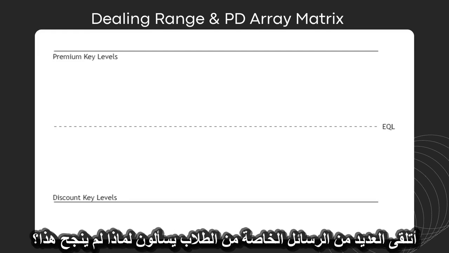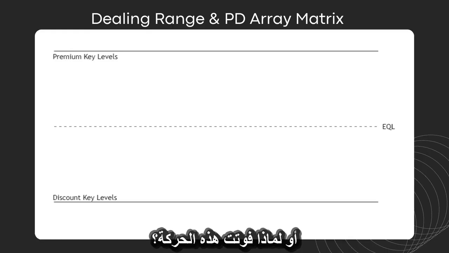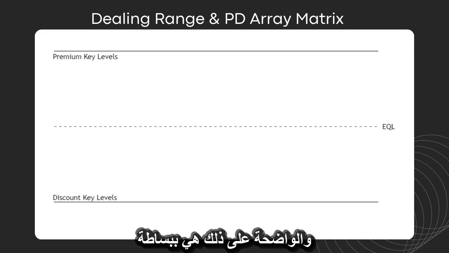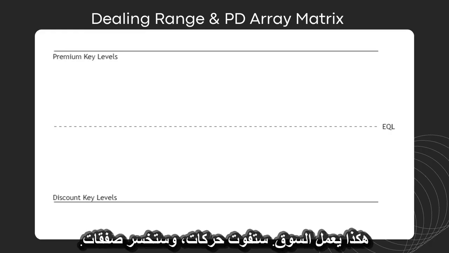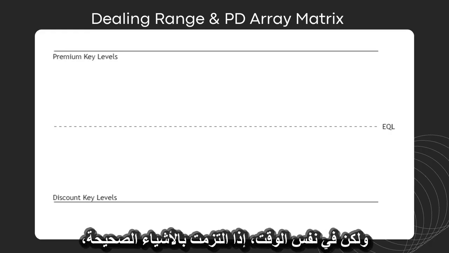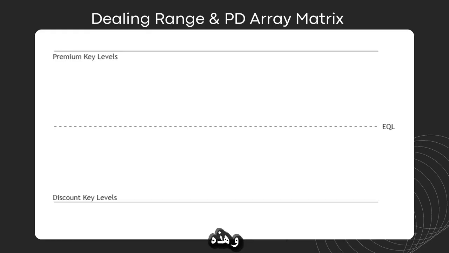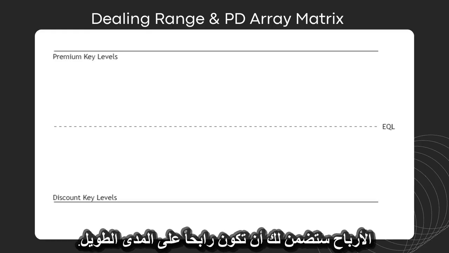I get many DMs from students saying, why did this not work, or why did I miss this move? The plain and simple answer is that's how the market moves. That's how the market works. You're going to miss moves, you're going to lose trades, but at the same time, if you stick to the right things, you will also win trades, and those wins will make sure you end up profitable in the long term.